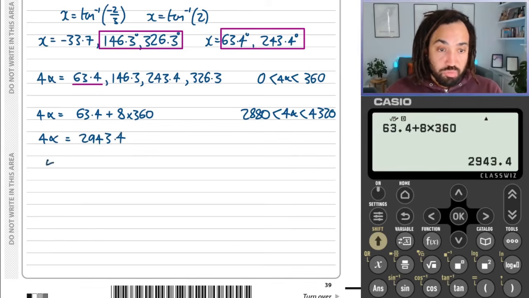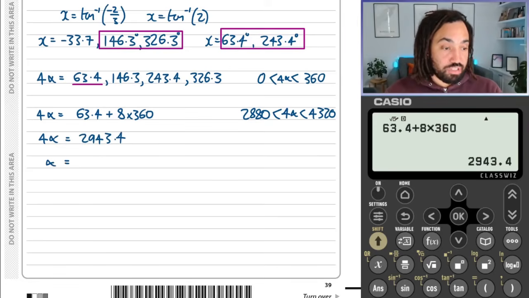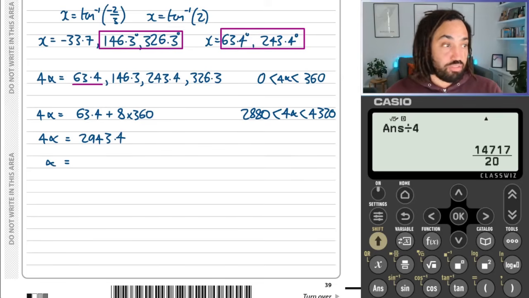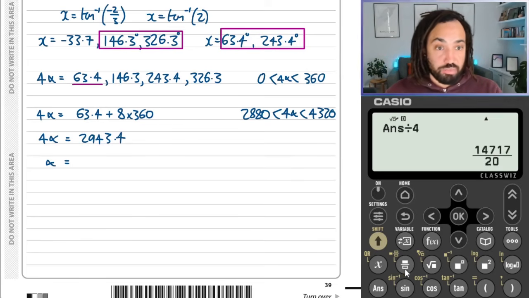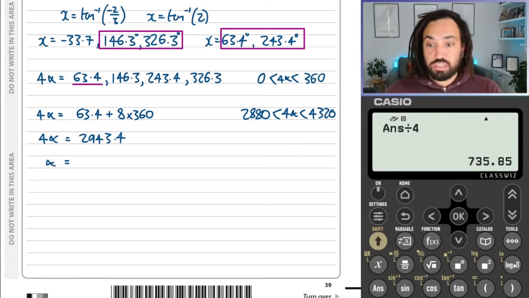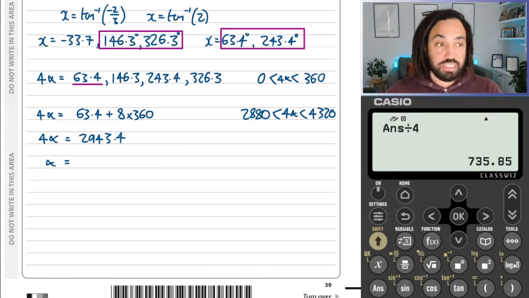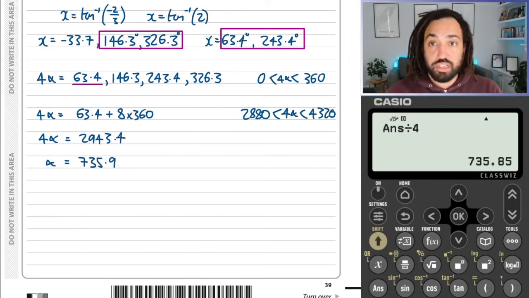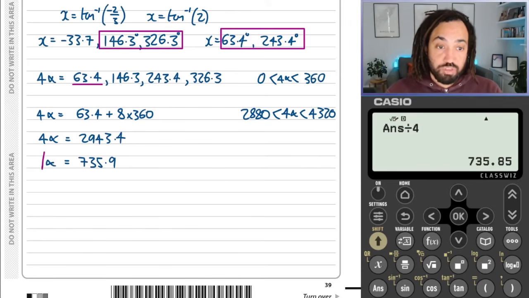But of course we want to find alpha, so now is the time that we can divide by 4. It's always the last thing you do, which is divide by whatever the coefficient is of the variable you're looking for. And then again, we've got to press this format decimal button. It wants it to one decimal place, so the answer is 735.9 for what is, I think, the most beastly 1 mark I've perhaps ever seen.